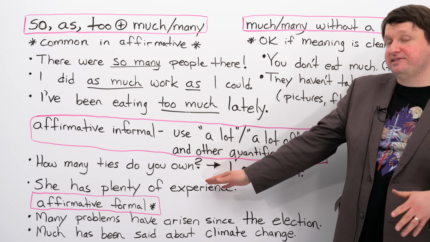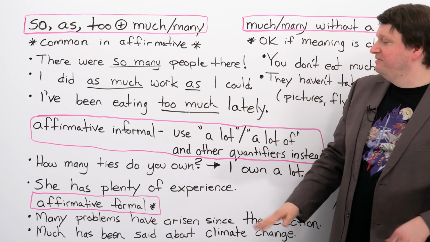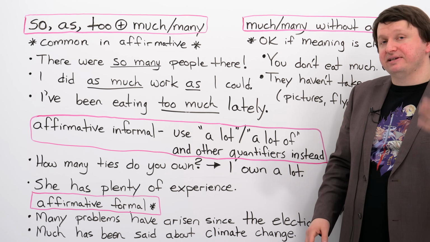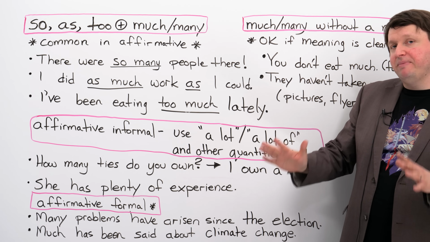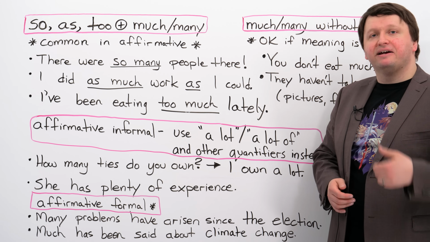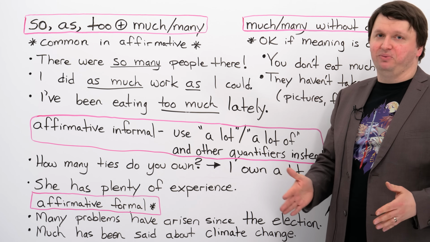However, if you want to say, with no so, no as, no to, use a lot of for informal sentences in the affirmative, and save those affirmative much or many sentences for formal contexts, like essay writing, like news reports, and other similar formal situations.